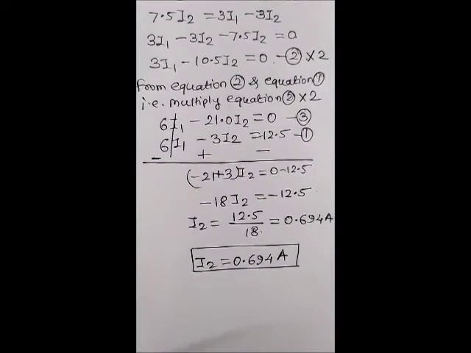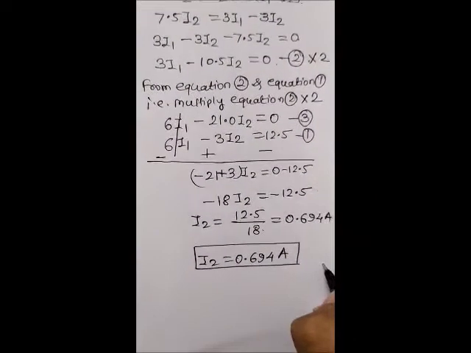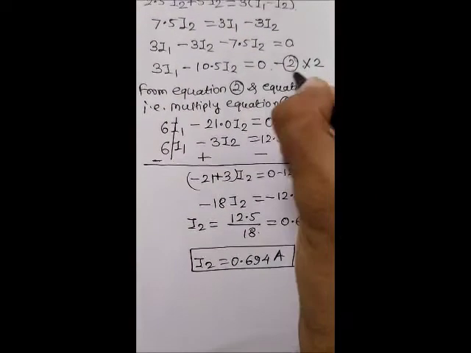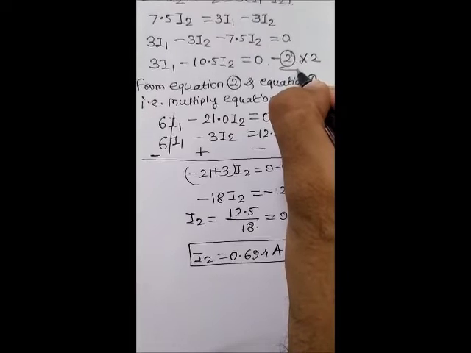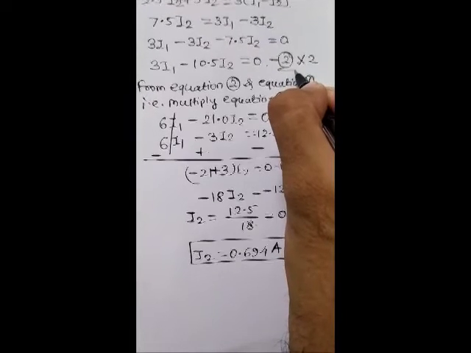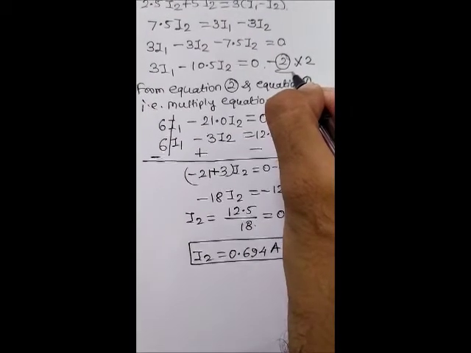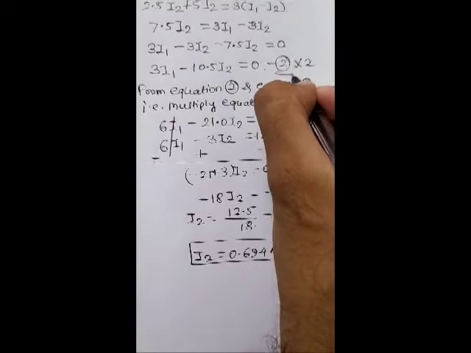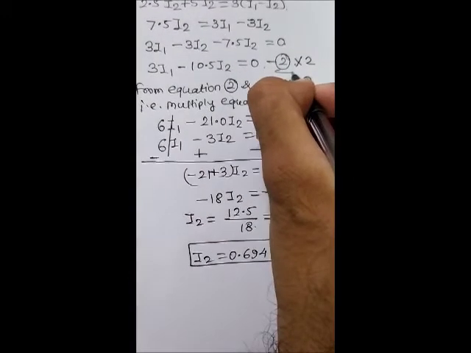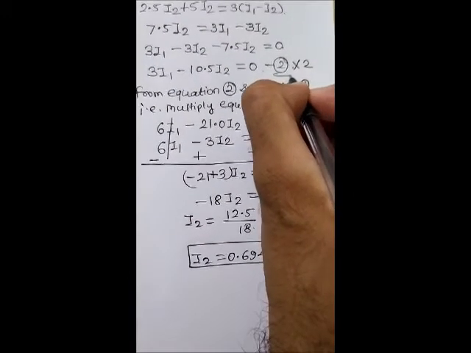This is your value of I2. Now put this value of I2 either in equation number 2 or equation number 1. I will put this value in equation number 2, so that it will be easier for me to find the value.